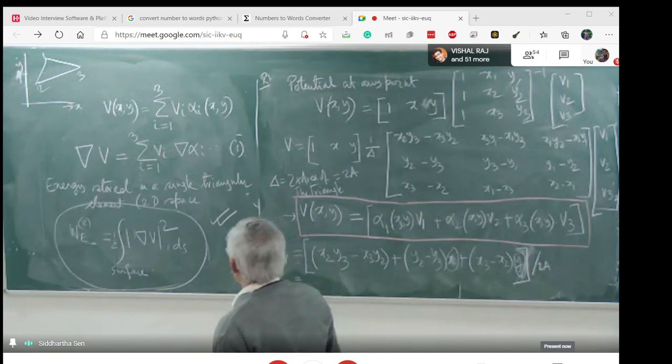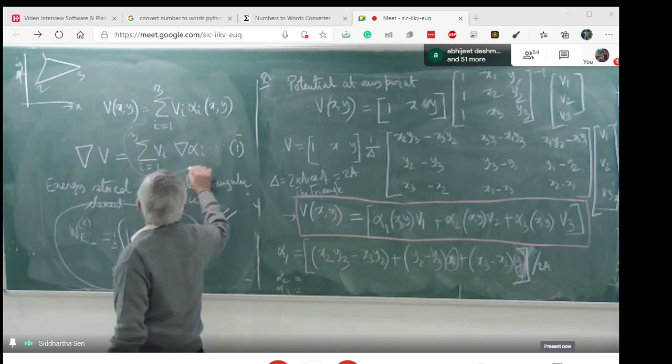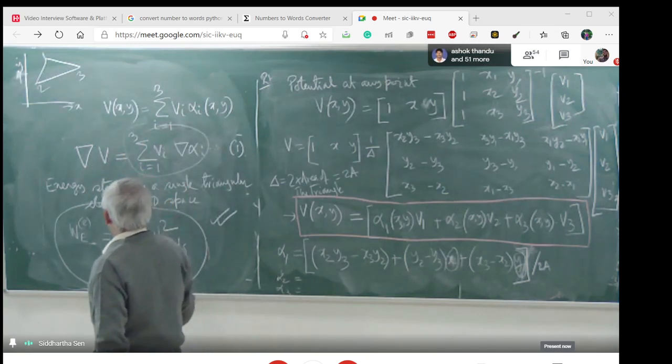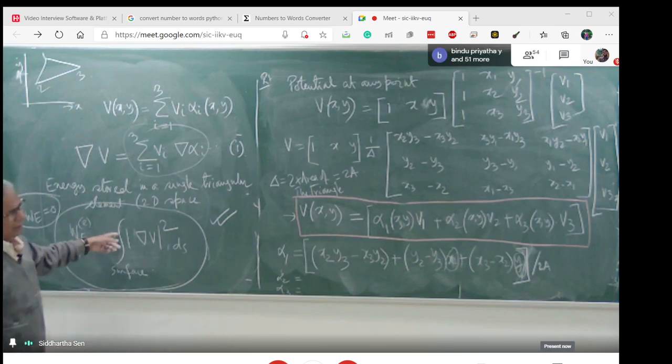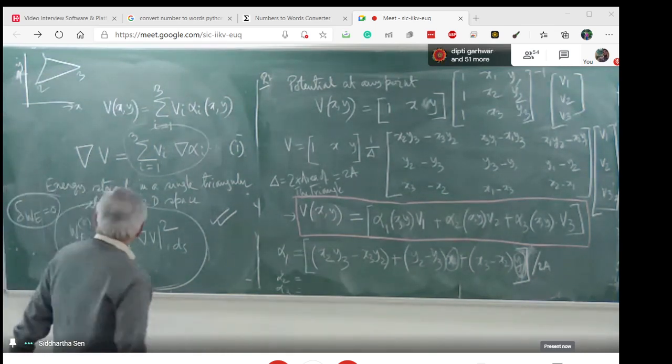So basically, what we are trying to do is that this is a single element, and for this single element, I will have to find out how to calculate delta WE equal to 0. Mind it, there may be some epsilon 0 here and there, but we can always take it out because it's constant, and redefine the energy function.